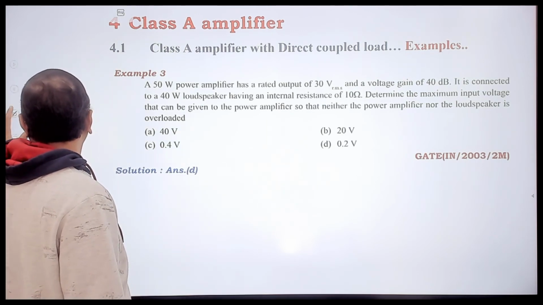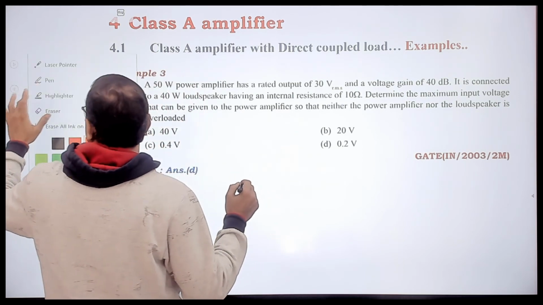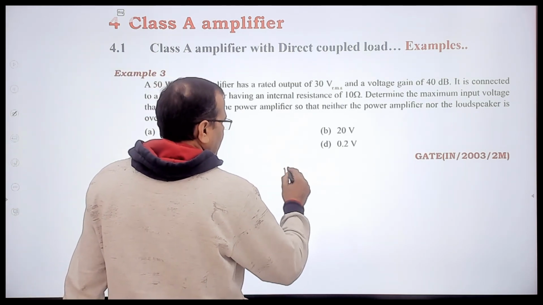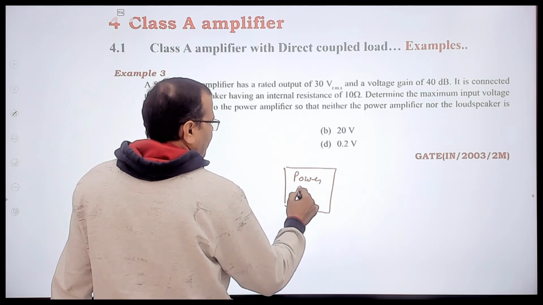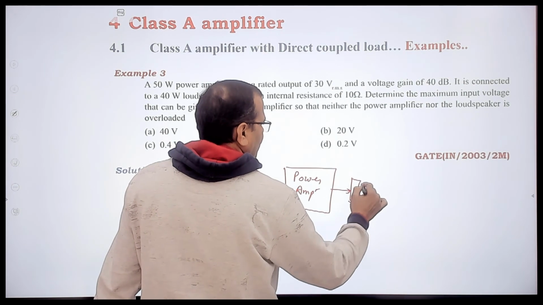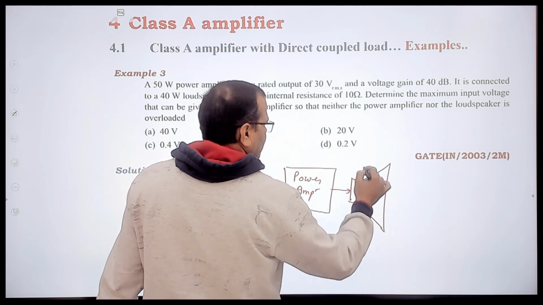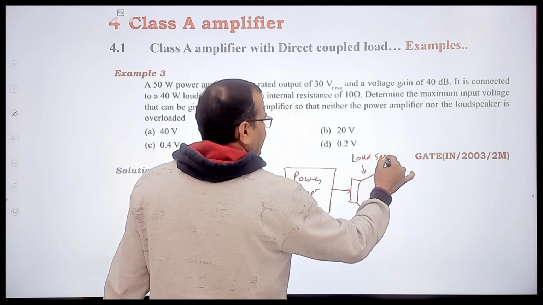So let us see. We have a power amplifier. This is suppose the power amplifier, right? And this is fed at the input of a loudspeaker. So this is the loudspeaker, right?